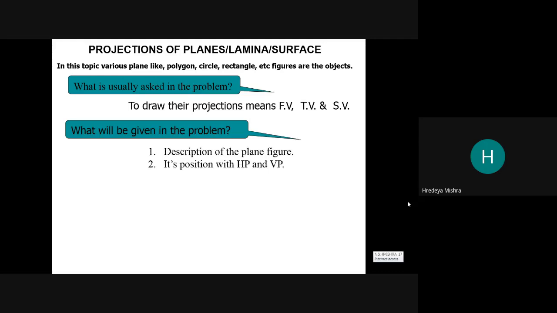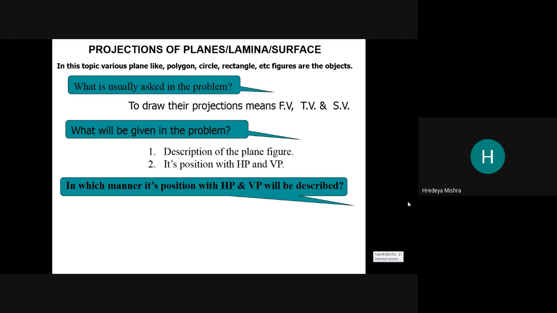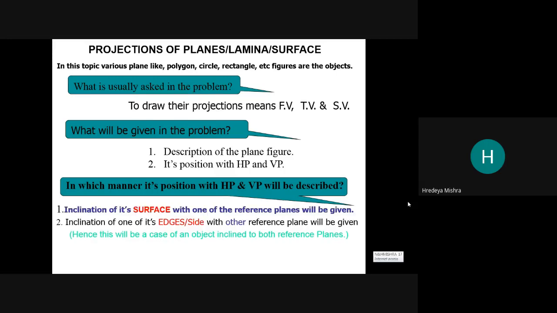The problem gives a description of the plane figure and its position from the horizontal plane and vertical plane, and in which manner its position with the horizontal plane and vertical plane is described. Simply we can say that these problems belong to entities inclined with both planes.